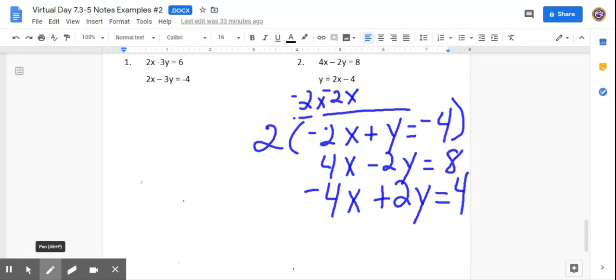Let me see. -4x plus 2y equals -8. Sorry, guys. Not quite sure here what I'm doing. Okay, plus 2y equals -8.